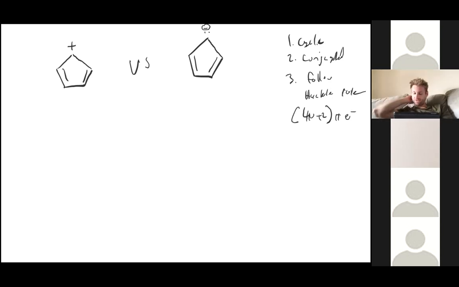So 4n plus 2, this is going to give us all the different possibilities of what can be aromatic.